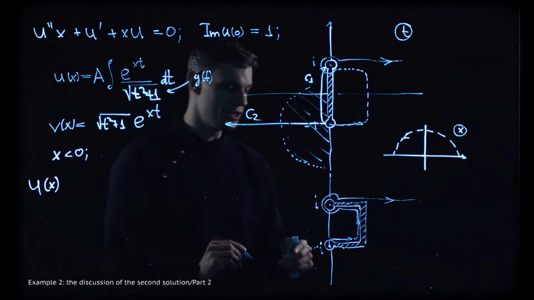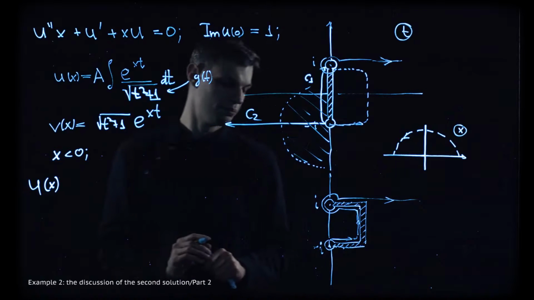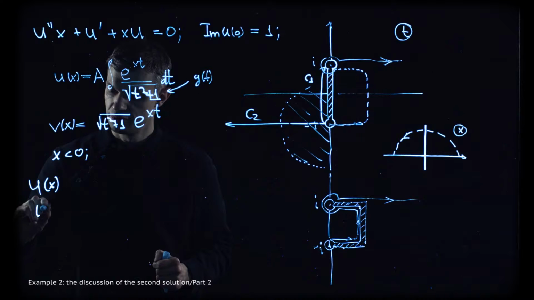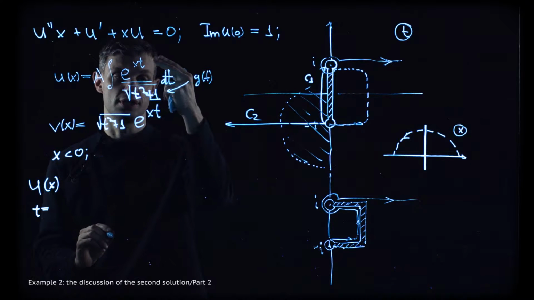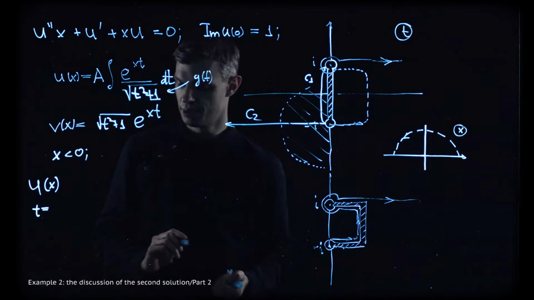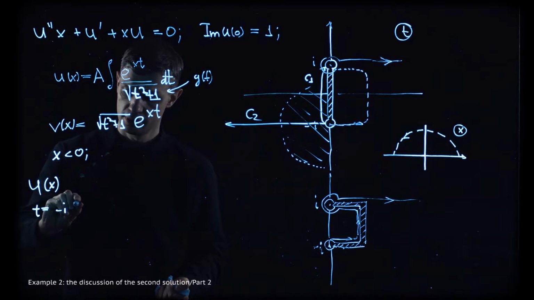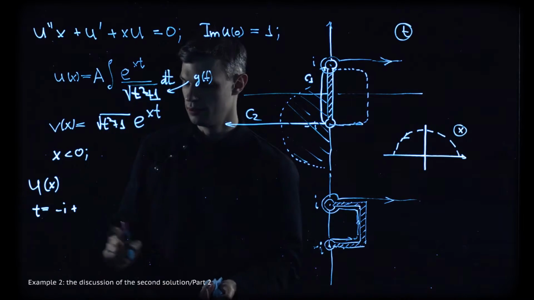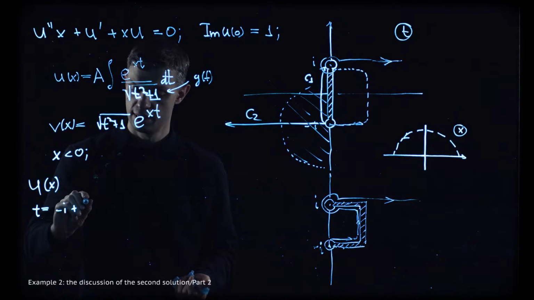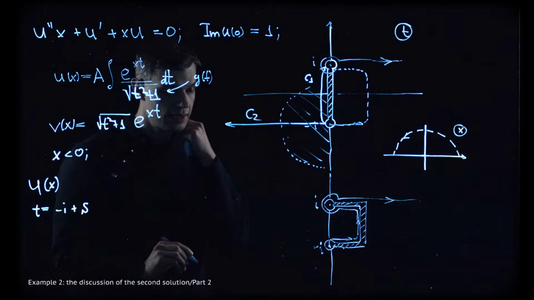First, let's address the contribution from the lower branch point. Again, we expand our exponent function and g function in the vicinity of the minus i point, and introduce the shifted variable t is equal to minus i plus s.